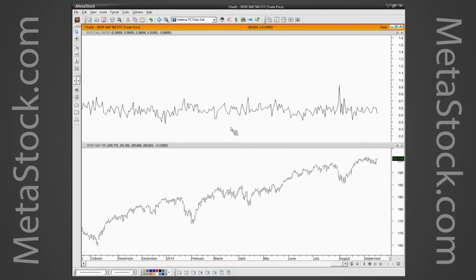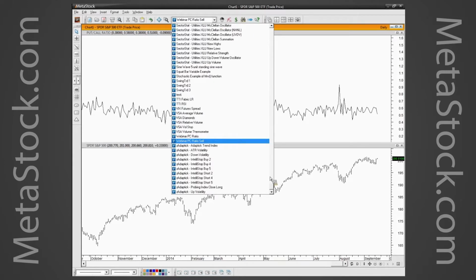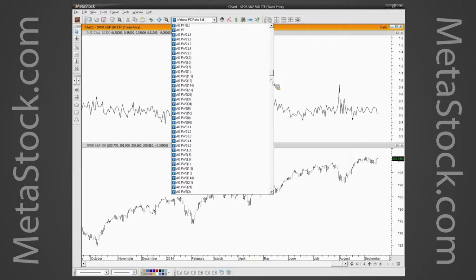Now what I want to do is, my indicator is not the put call ratio itself directly. It is a 21-day moving average of the equity put call ratio. So we'll go ahead and plot that.